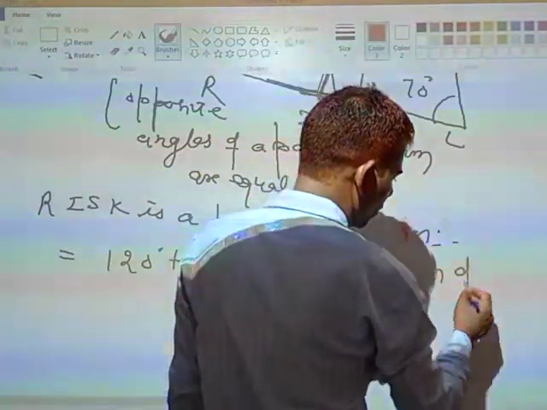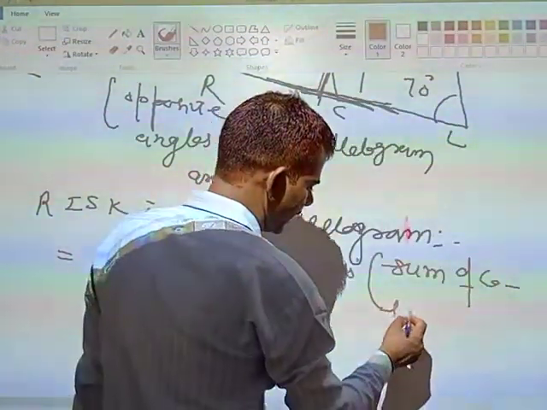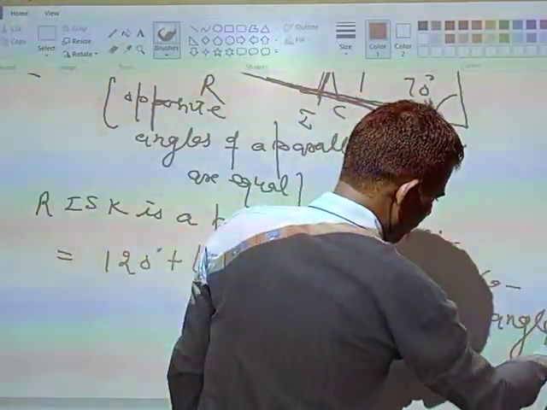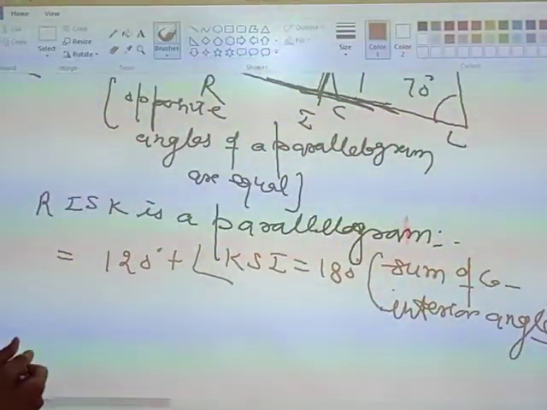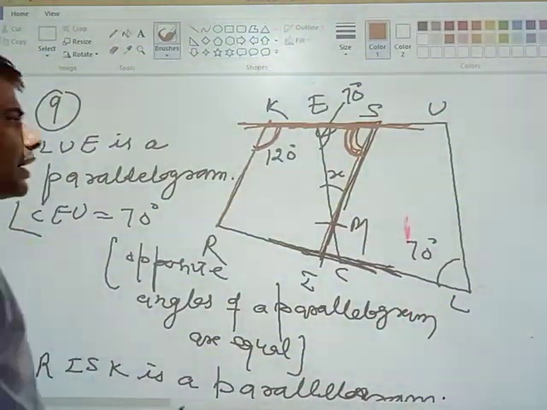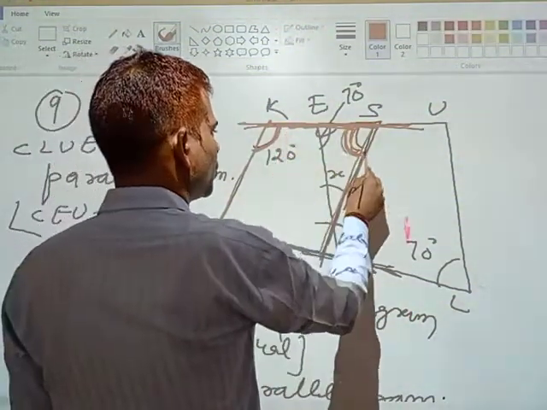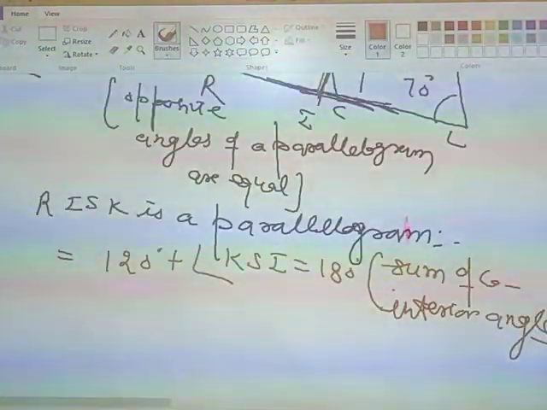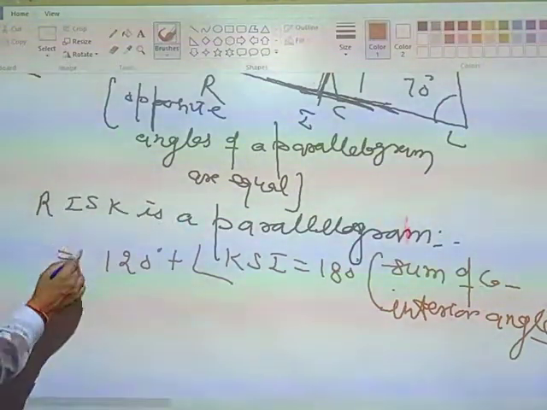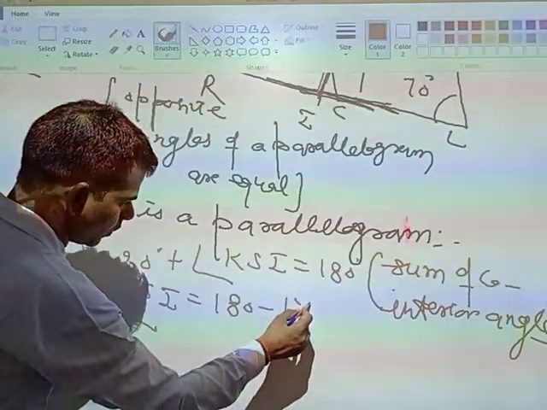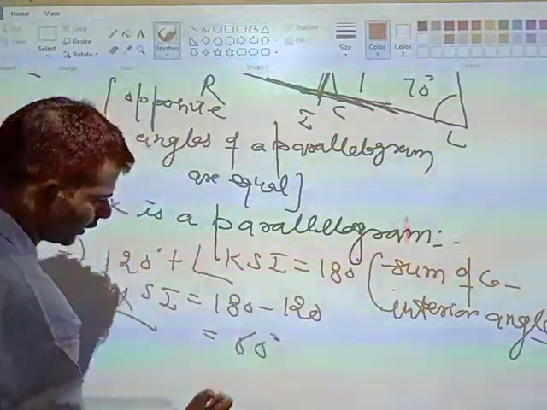The sum of two interior angles on the same side of a transversal is 180 degrees, so these are supplementary angles. Now we have to find the value of angle KSI. Angle KSI is equal to 180 minus 120, that is your 60 degrees.